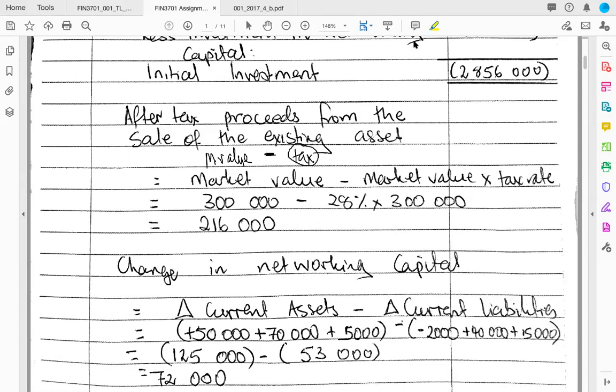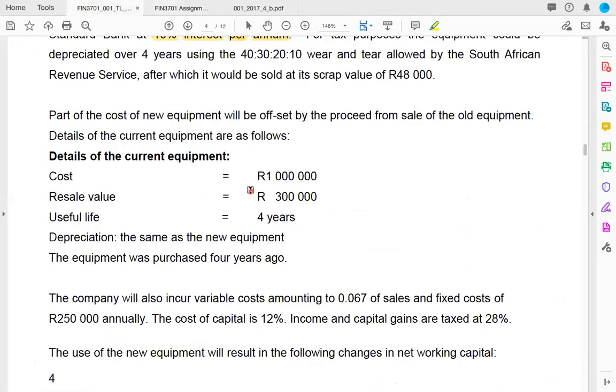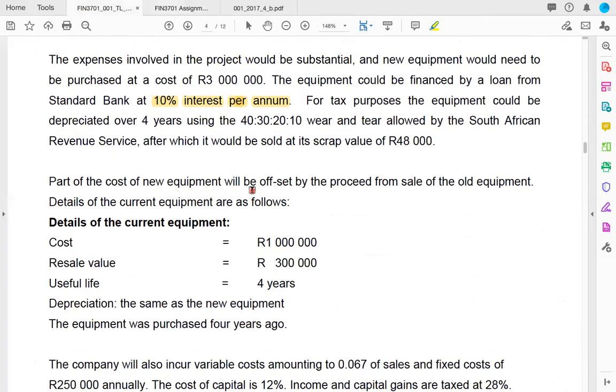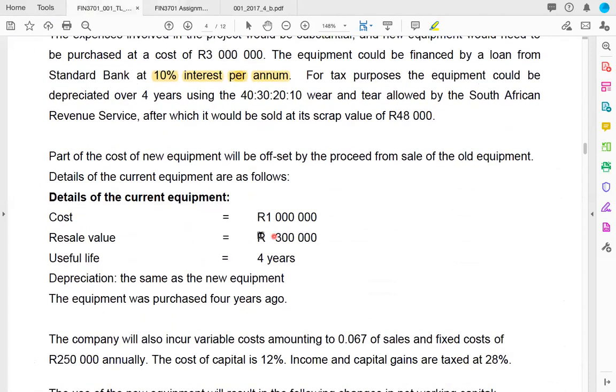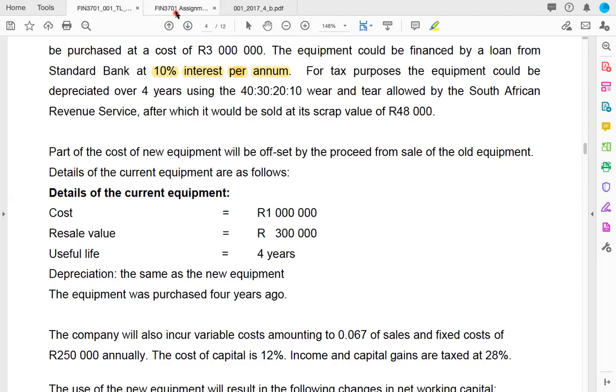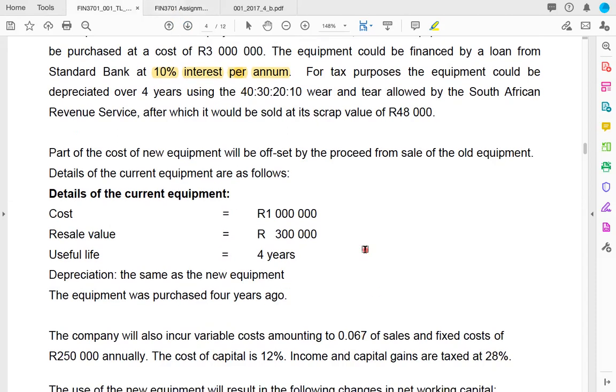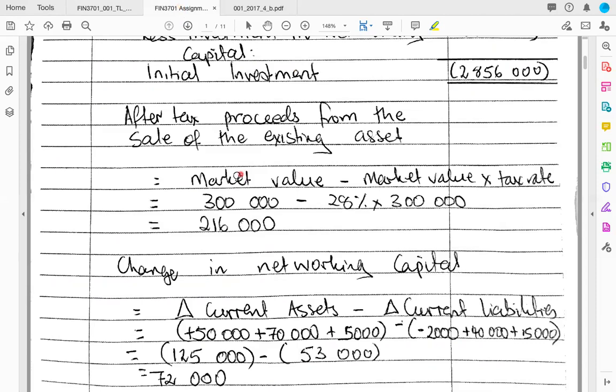We were given the market value in the question. We were told that the current machine can be sold for 300,000 Rand, so that's the selling price of the existing asset, the market value. However, we were not given the tax associated with the sale of the existing asset. So we have to calculate the tax.